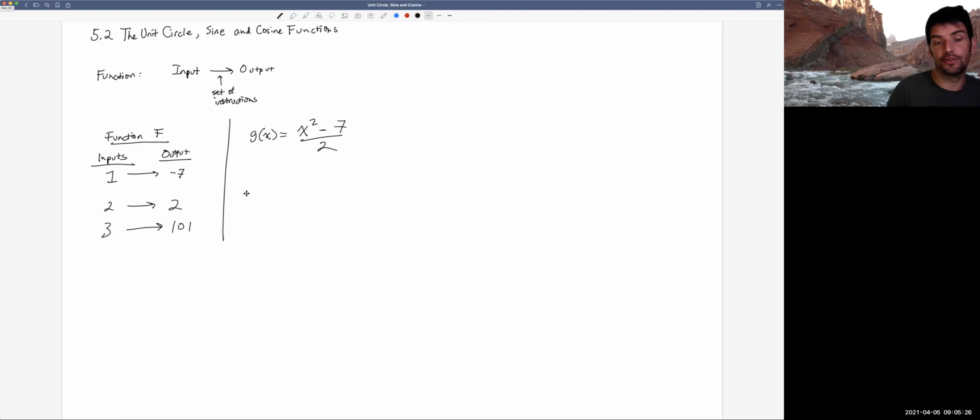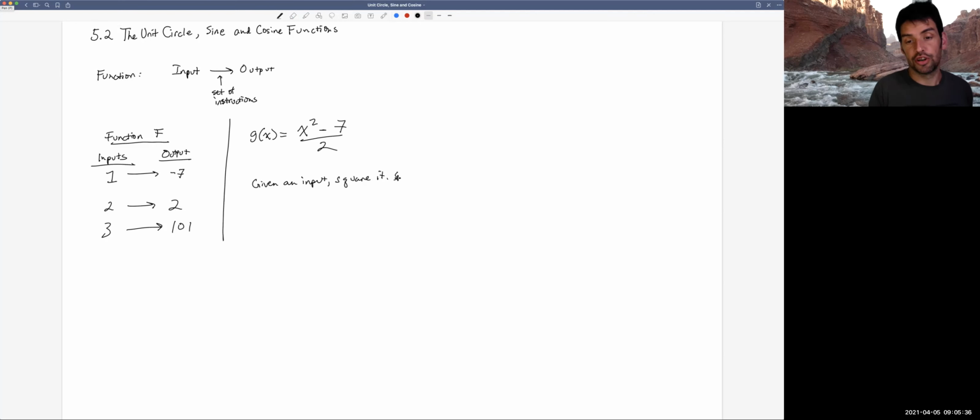We could say this in words, something like: given an input, square it, subtract 7 from this result, divide the current total by 2, return this result.